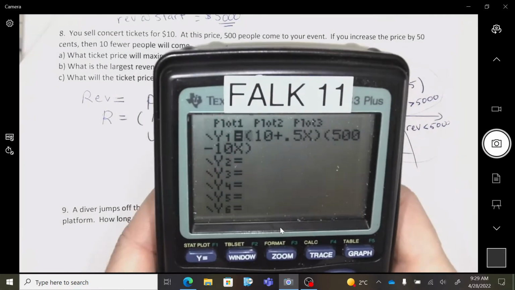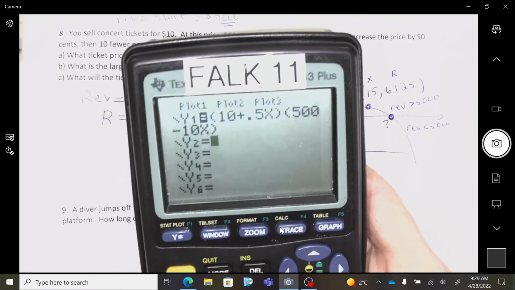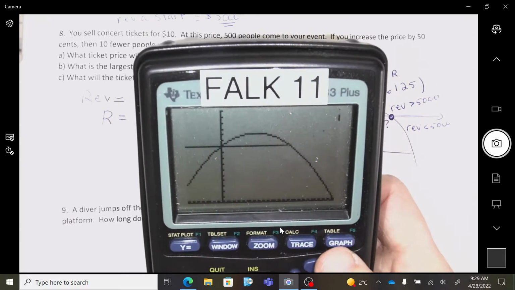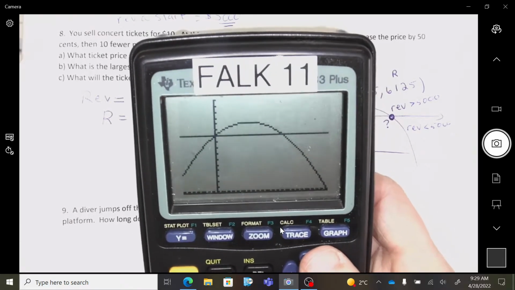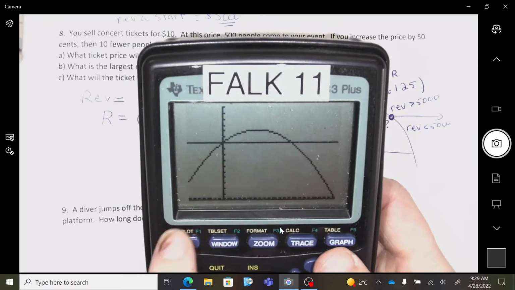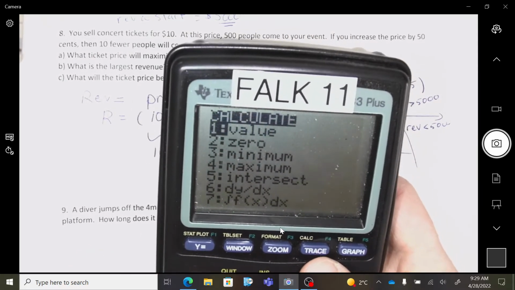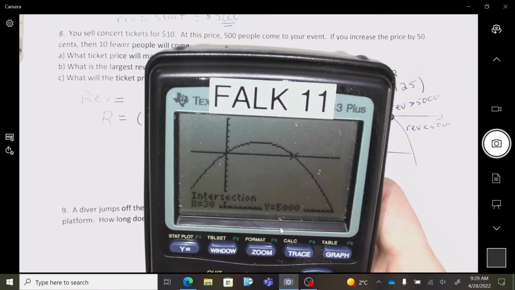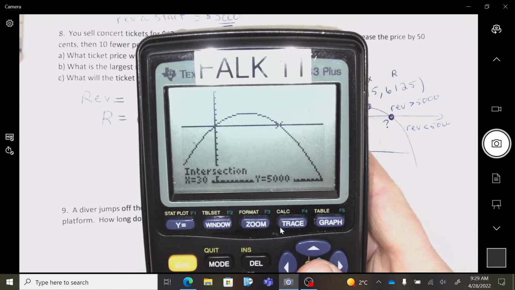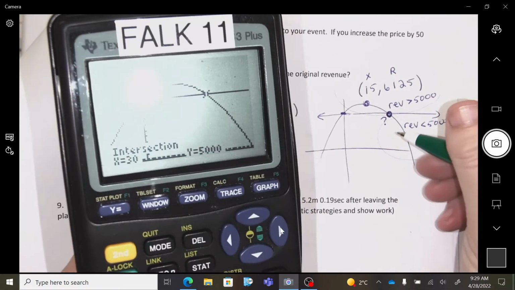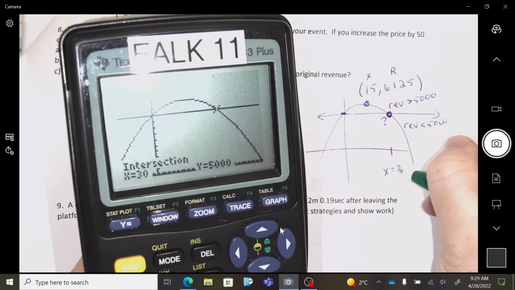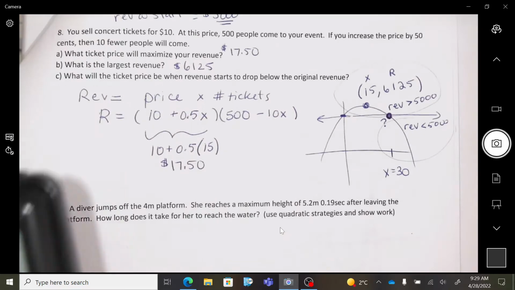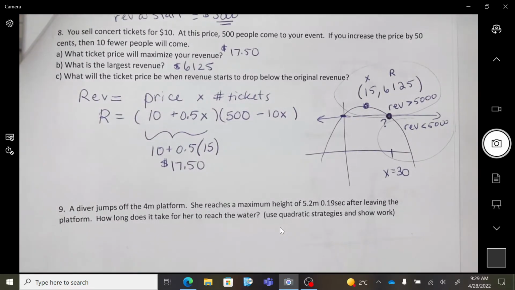Okay, so go Y2, 5,000. Okay, and we want the intersection over here on the right, just that one. So I got when X was 30.